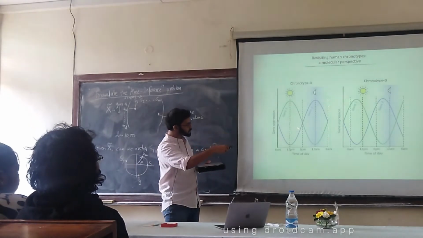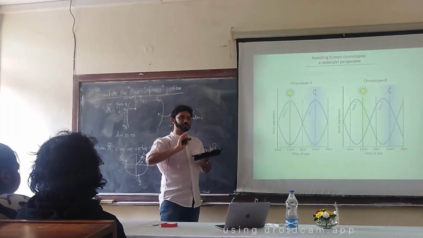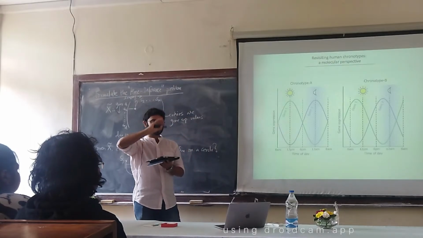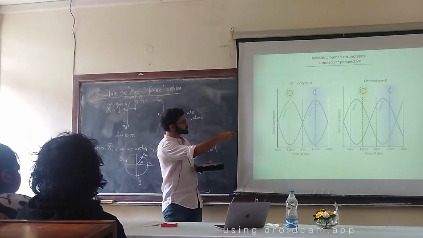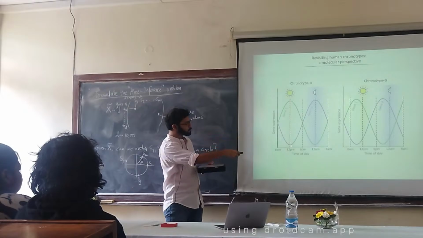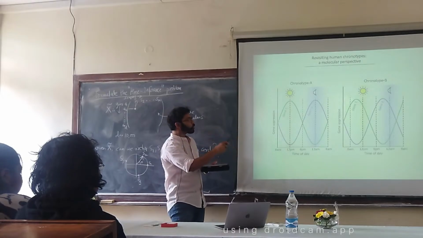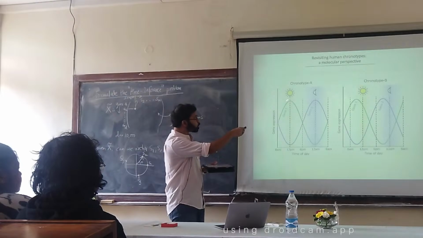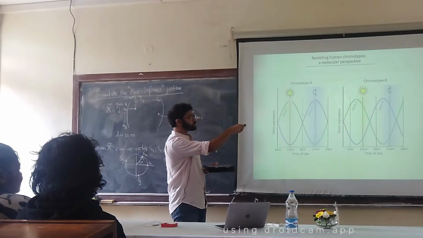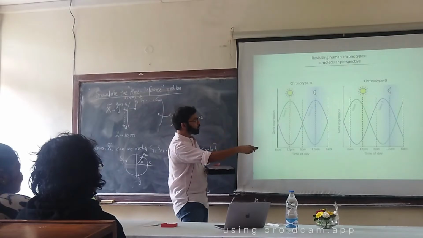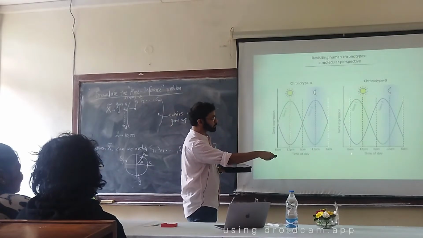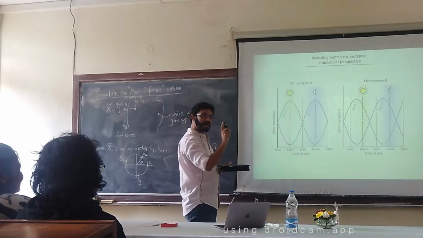These genes will oscillate with a fixed phase relationship with each other. Whenever the green gene is at its peak, blue will be at its trough. What is chronotype is when this green gene is peaking. Is it peaking at 12 p.m. like this guy, or is it peaking at 9 a.m. like in this guy? That is chronotype.